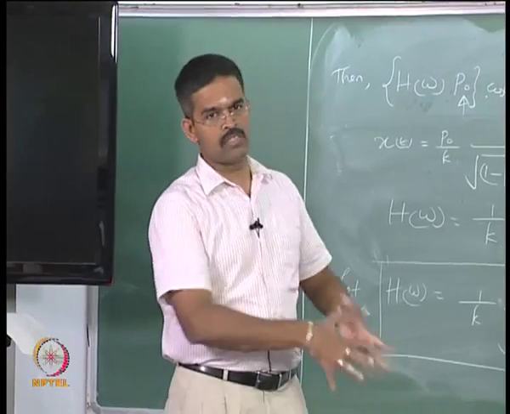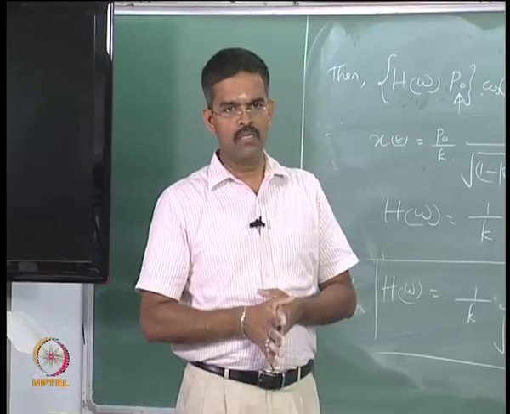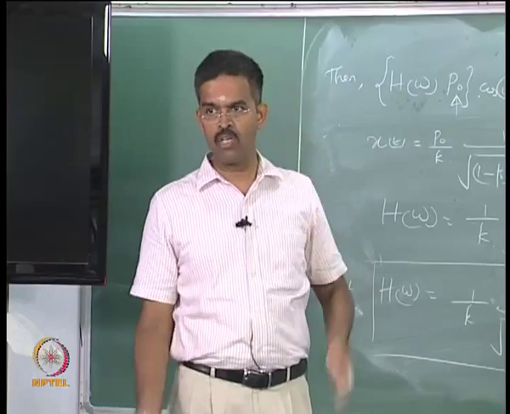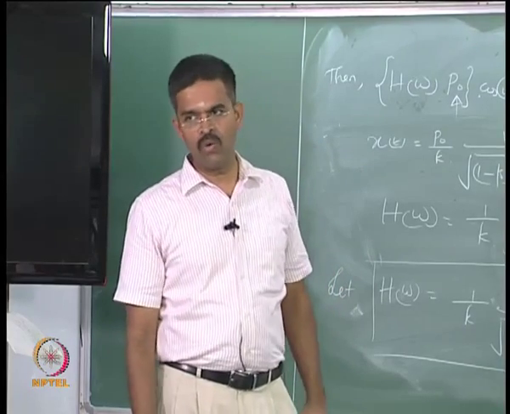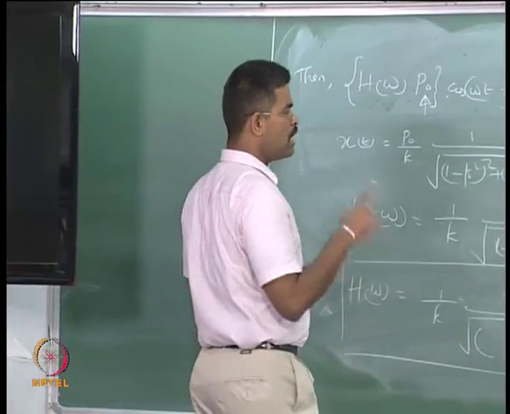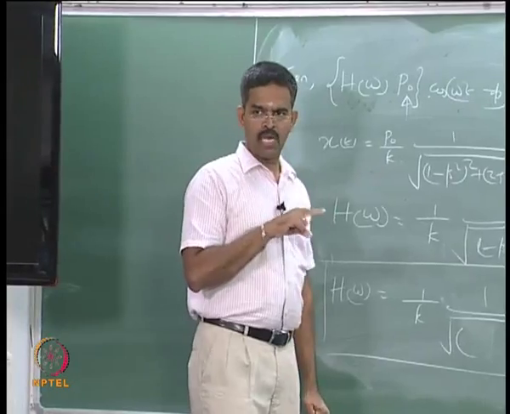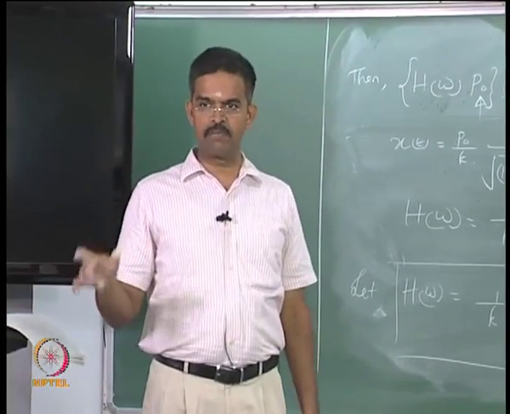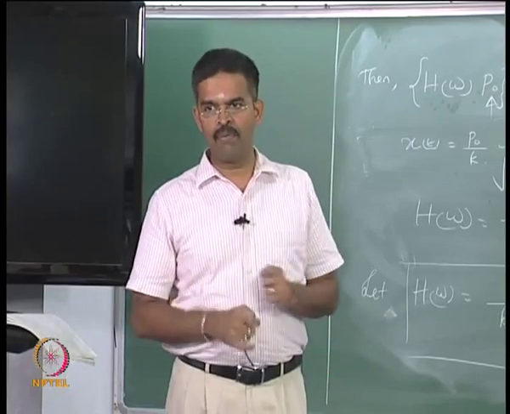So, we started with the stationary process. We understood what a stationary process is. Then we picked up the mean and the autocorrelation function and showed that they are independent of time. So, the process remains stationary. We applied this concept on a single degree damped system for a forcing function of F0 cos omega t and found out the link between the response and the forcing function. We compared that with the standard expression of dynamic amplification factor.